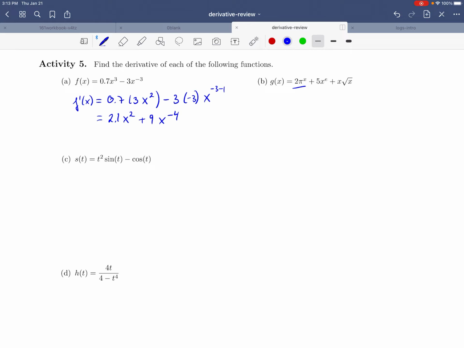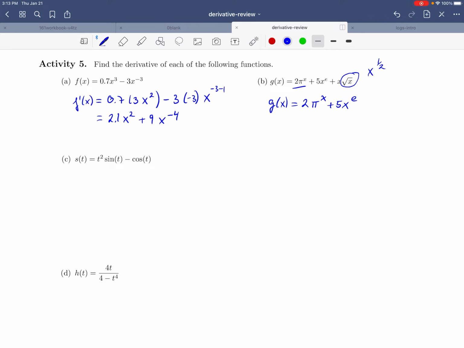And then x times the square root of x, there we have to do some algebra to simplify, turn it into the form x to a power so that we can use the power rule. So first thing, I'm going to rewrite this. Nothing happens to the first two pieces, but x times the square root of x, I'm going to rewrite by saying that the square root of x is equal to x to the 1/2.